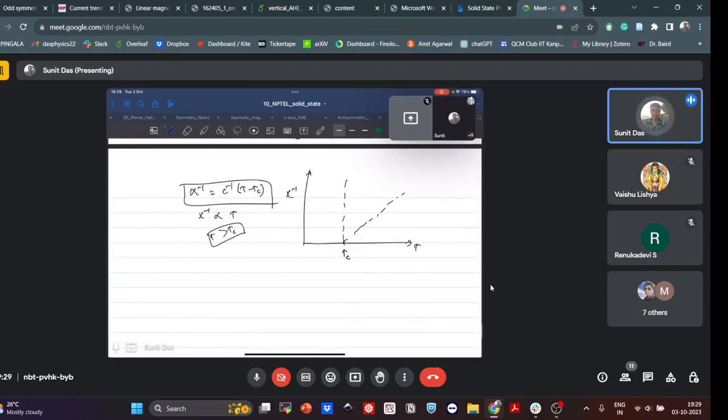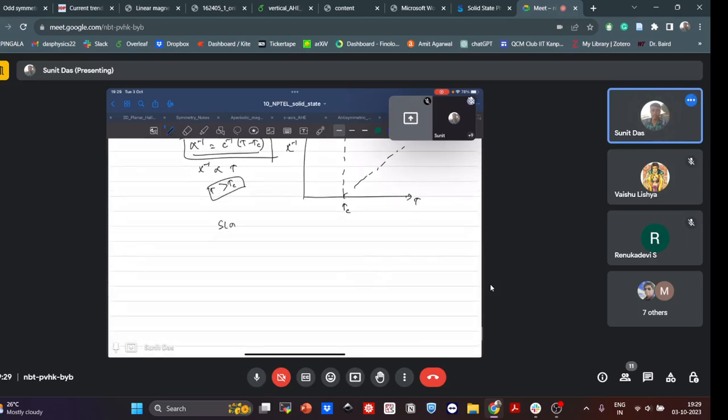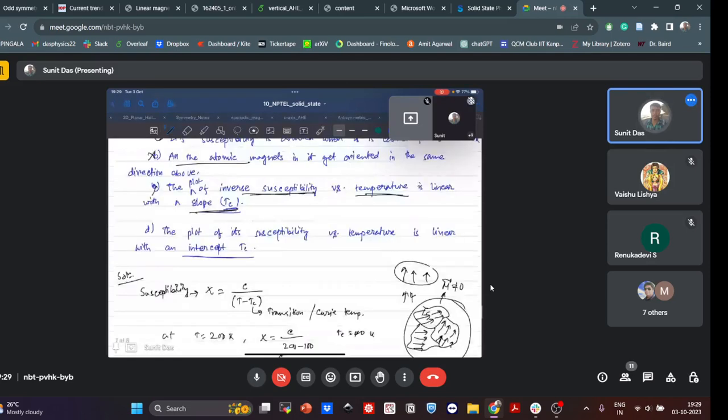From this we can see that this is a y equals mx type equation where m is C inverse. So the slope is not equal to Tc, rather it is equal to C inverse. So the third option definitely doesn't work.